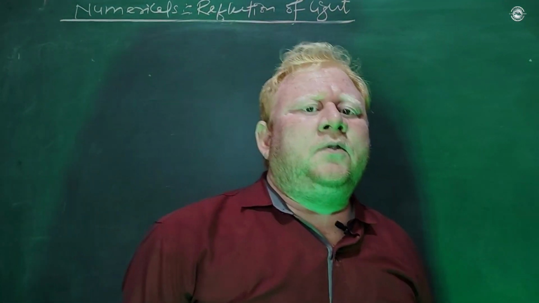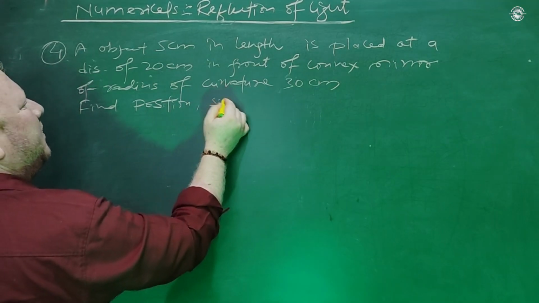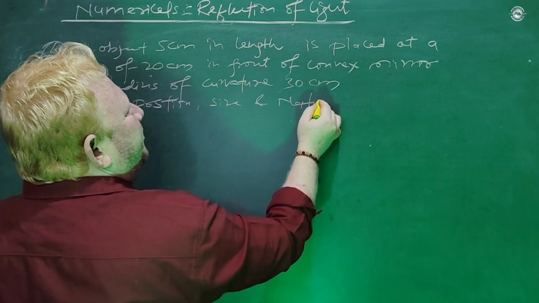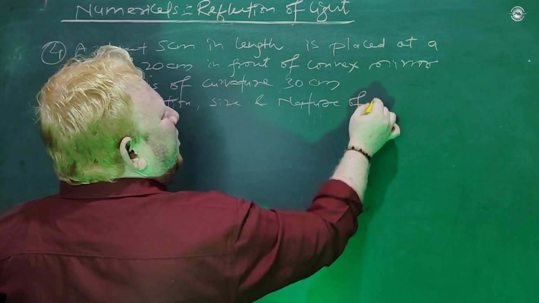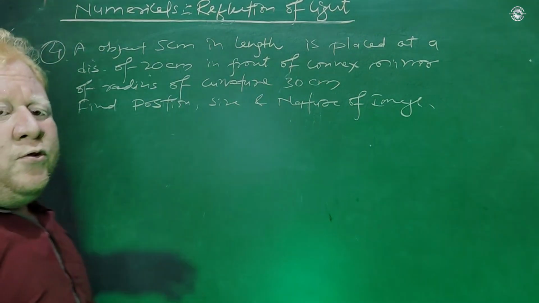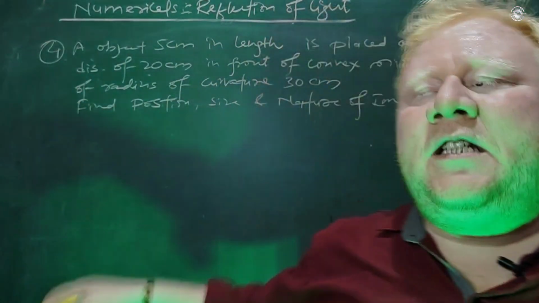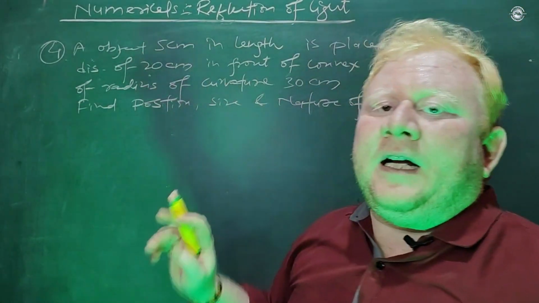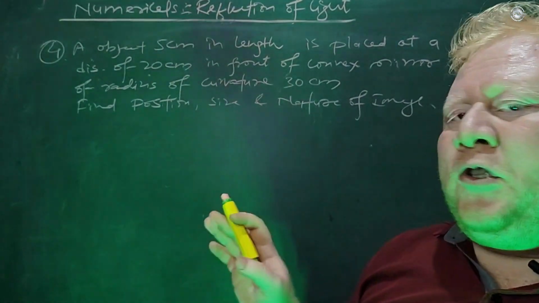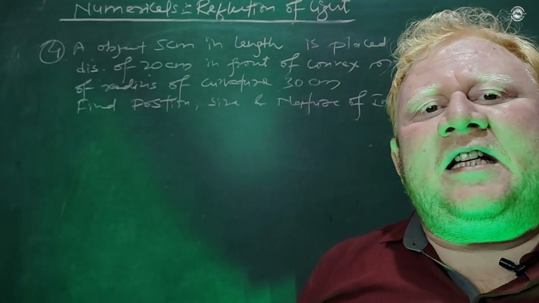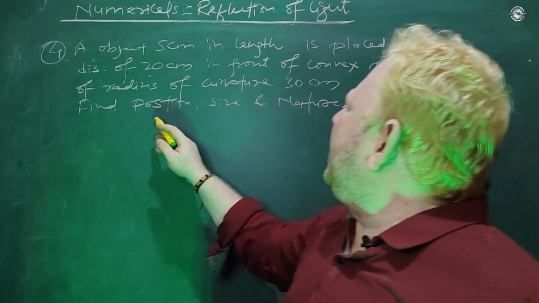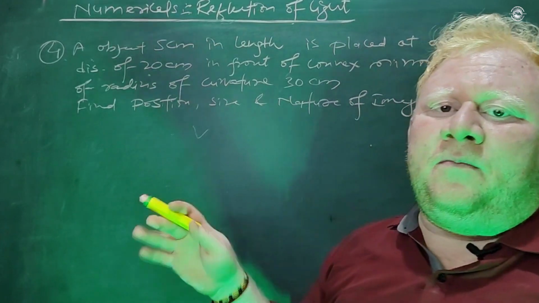Okay, let us move to the next question. Size and nature of image. Children, so many times we have said that for this type of question you need to find out both things. In most cases I have seen while checking papers, students find v and after that they stop.